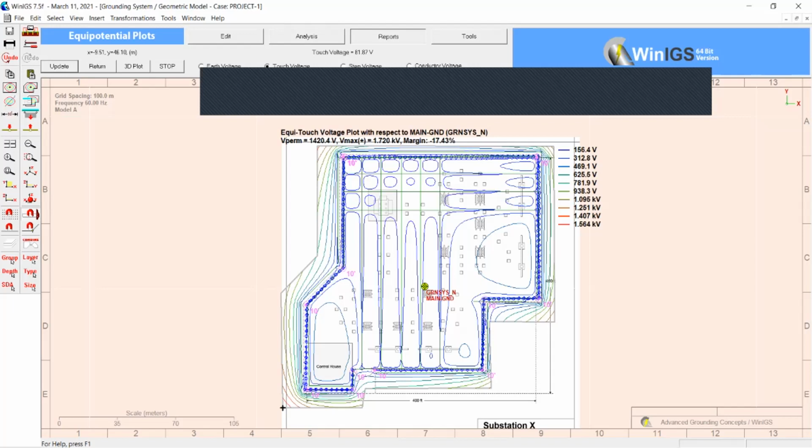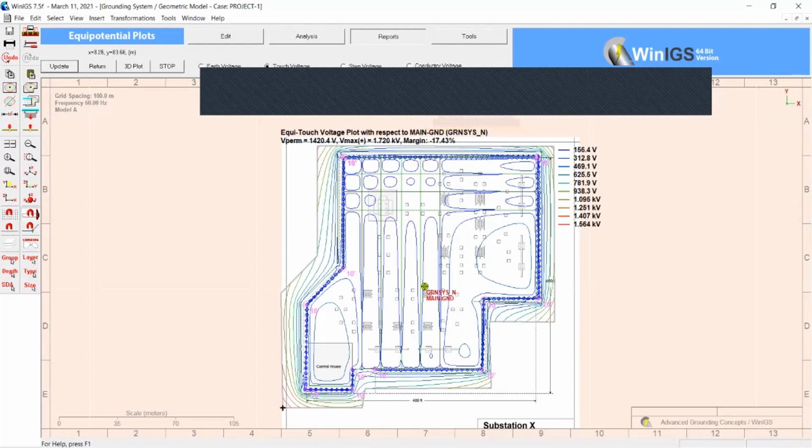Do you know how you got that to do an auto comparison? So do you have this information, voltage, permissible voltage? Yes, but without the margin there. Or this margin?